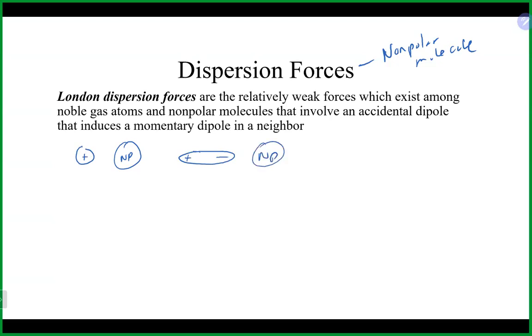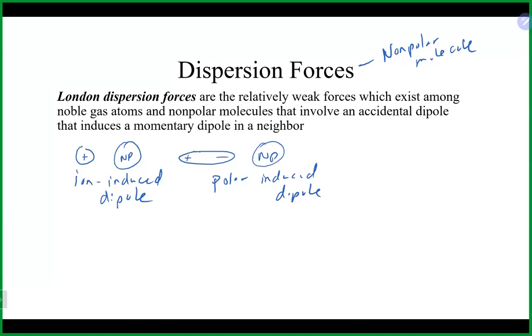For a short period of time, this can produce an ion-induced dipole or a polar-induced dipole. What that means is that temporarily, either a positive ion or a negative ion comes near a nonpolar molecule, or a polar molecule is in the vicinity of a nonpolar molecule.